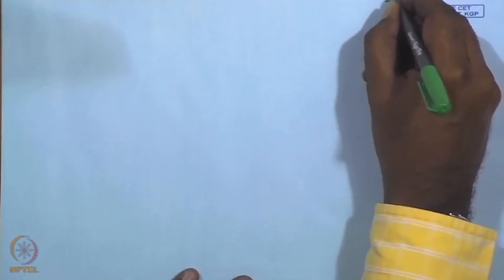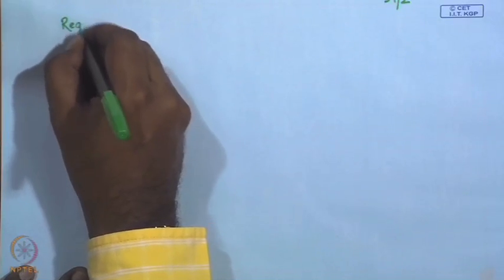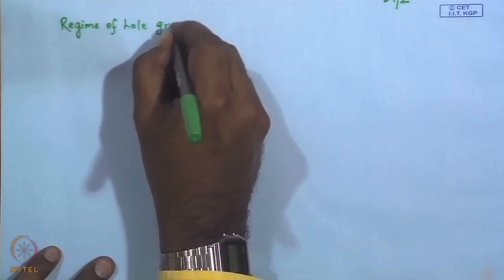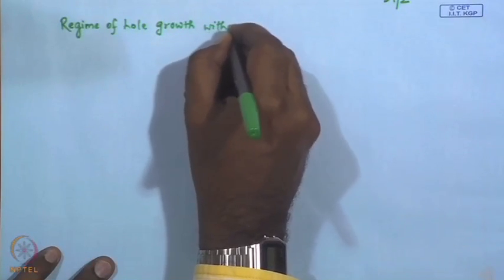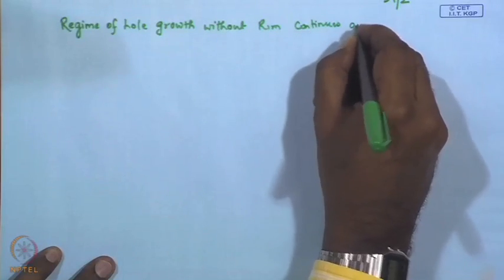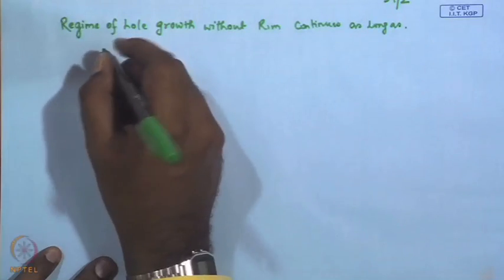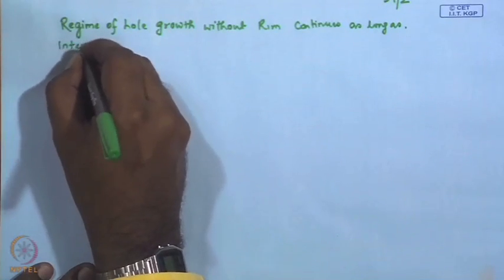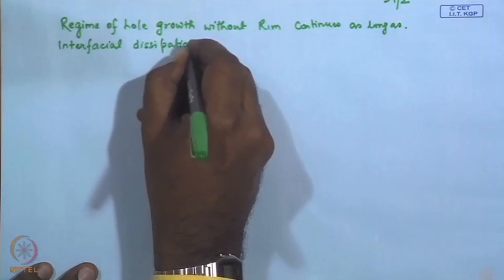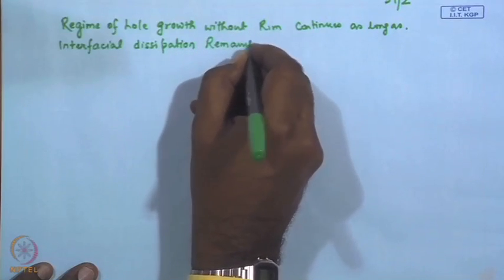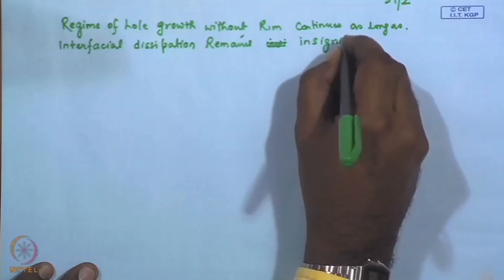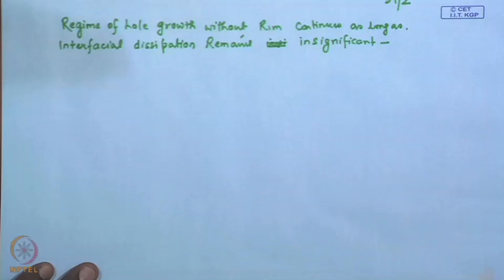Now, this regime of no rim continues as long as interfacial dissipation remains insignificant. Or in other words, what it means is that the dissipation is due to viscous dissipation.